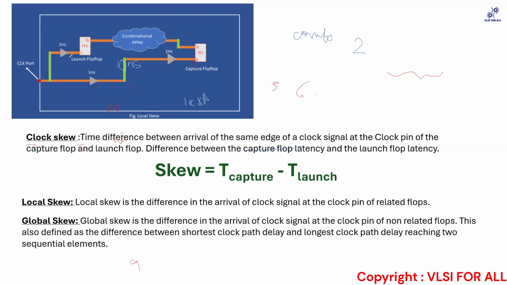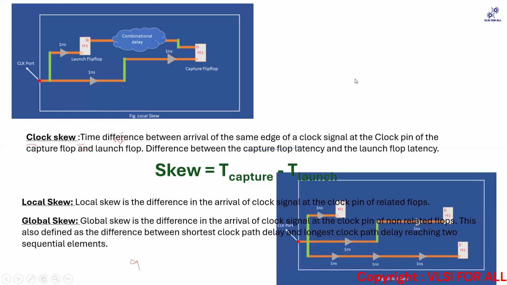Delay at the capture flip-flop clock minus delay at the launch flip-flop clock. The delay at the capture flip-flop was 2 ns, correct? And the delay to reach flip-flop 1 is 1 nanosecond. So now you can say that the local skew in this diagram is 1 ns.